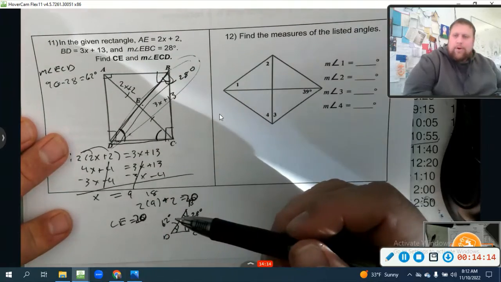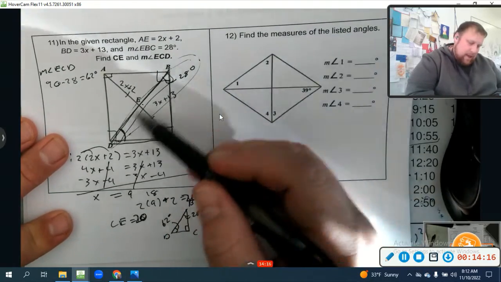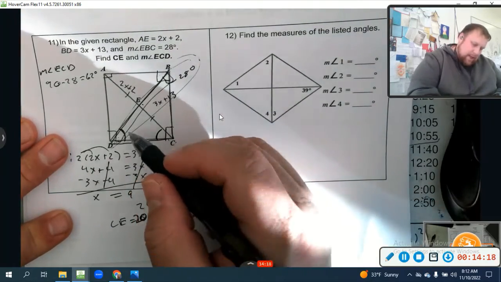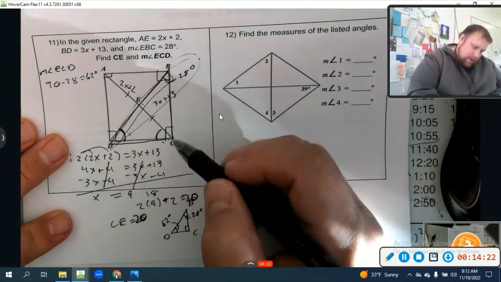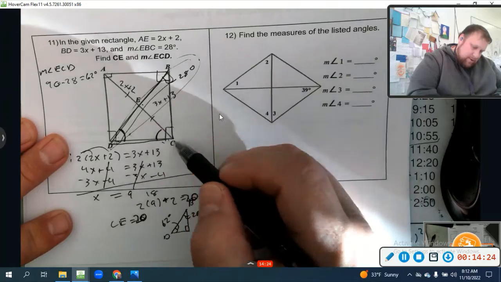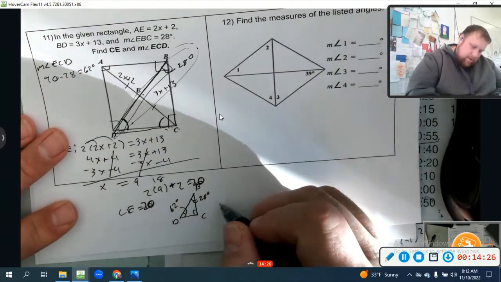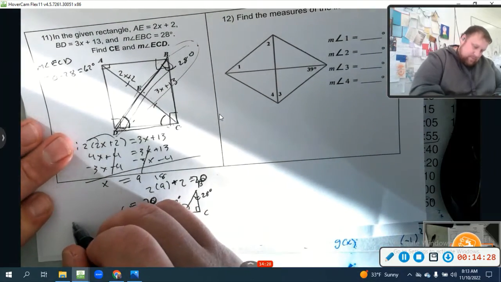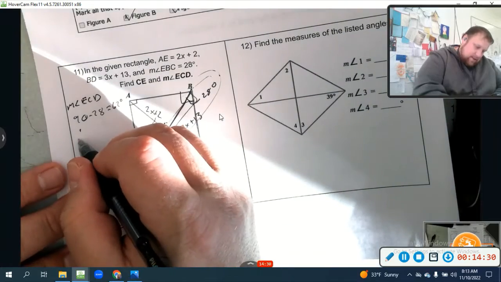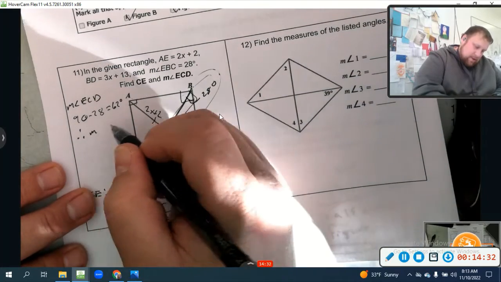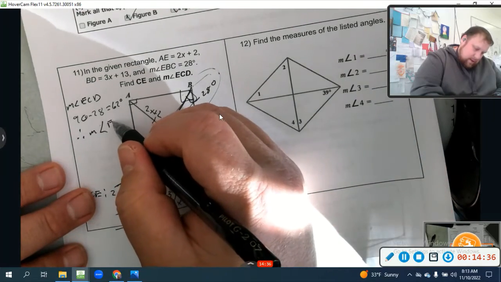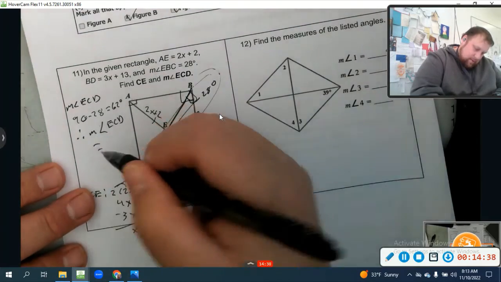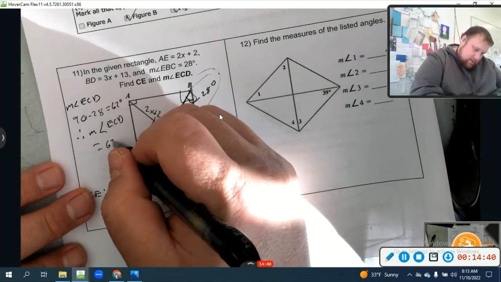Because the diagonals are the same. So because of that, I know that this angle, BDC, is congruent to ACD, which is also ECD. So therefore, the measure of angle ECD equals 62 degrees. Boom.